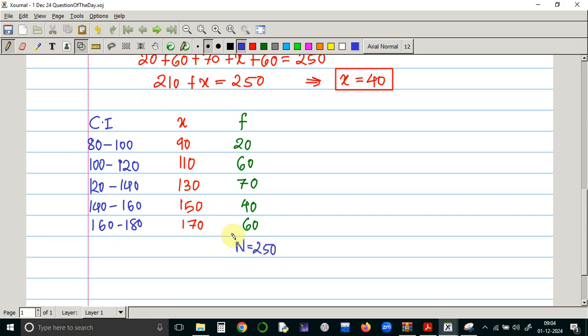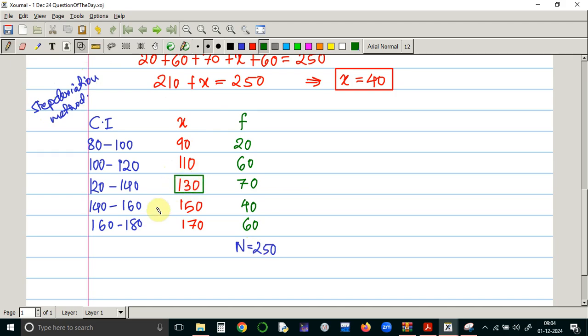It's already given. Now we have to decide which method we have to use. So I'm solving this question with the step deviation method. For that we need to choose the value of assumed mean, and it has to be chosen from the x column.